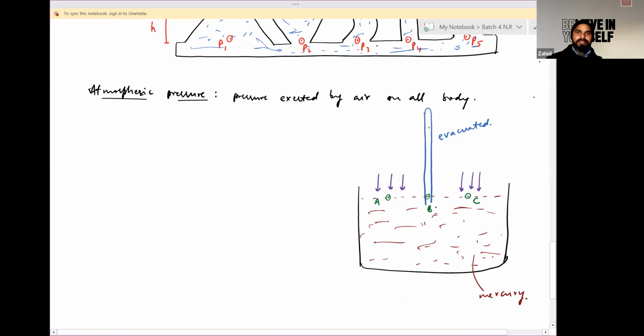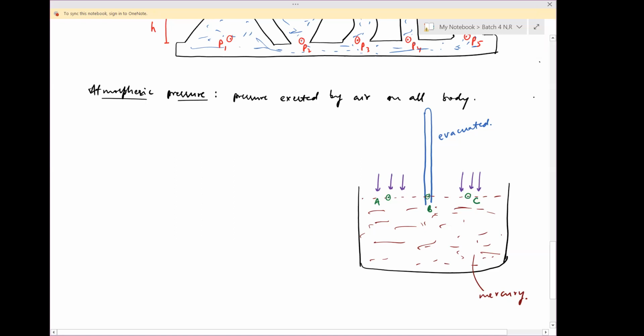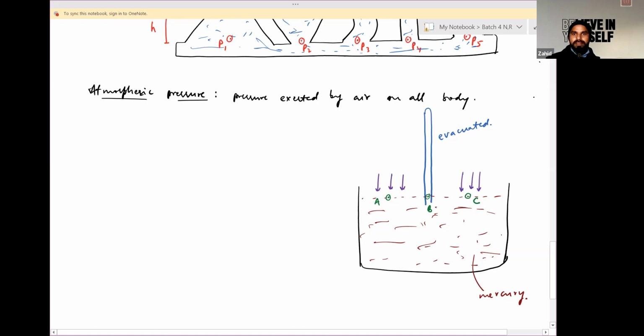So there is no air inside it, and no pressure generating material or fluid above this point B. It means pressure at A is greater than pressure at B. Is it clear? Yes, sir. Now, what will happen? Is there any transfer of matter, that is mercury, from one point to another, or will it remain as it is?